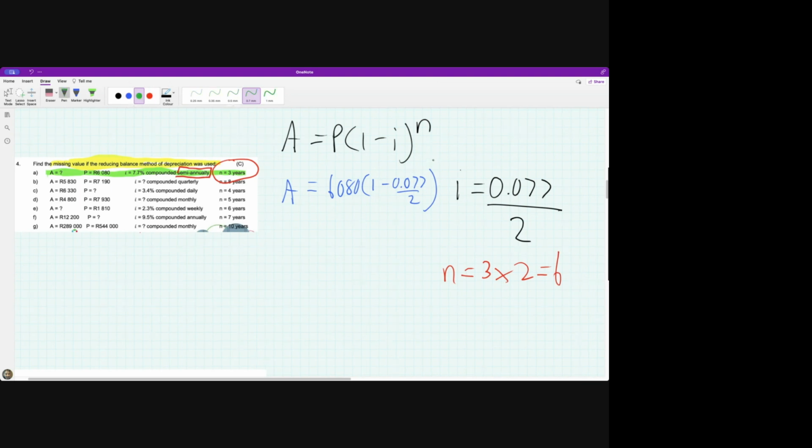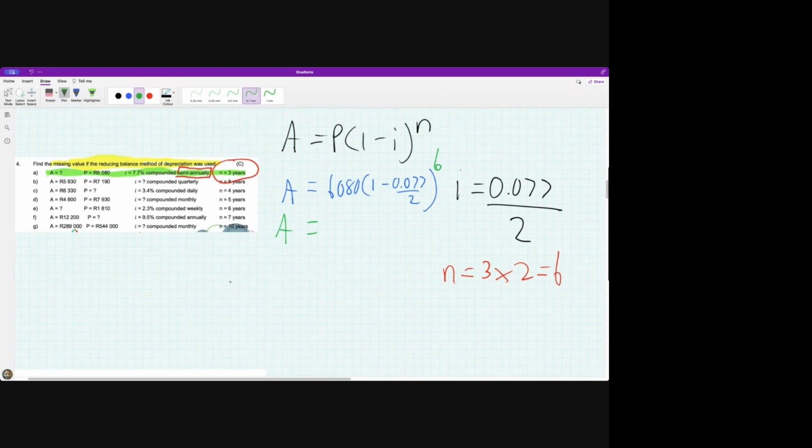This is going to be the power of 6. What are people getting for this one? So 6080 times open bracket 1 minus fraction button 0.077 over 2 close bracket to the power of 6.